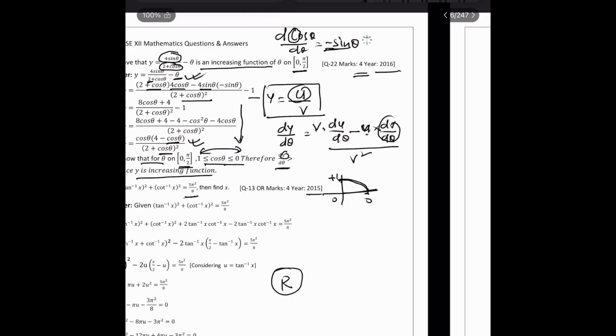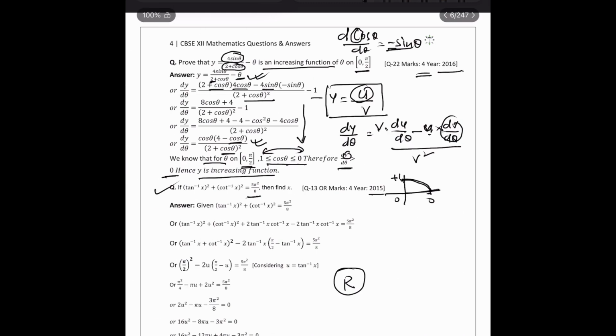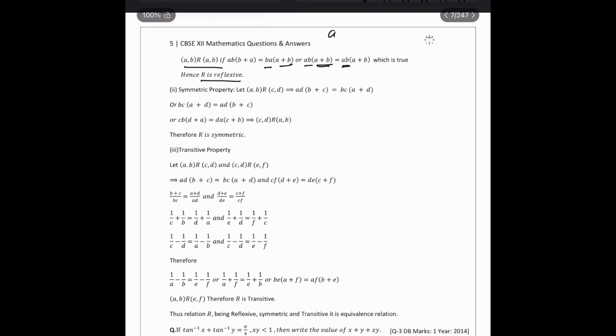So what we have done: AD(B plus C) equal to BC(A plus D), this is given in the equation.